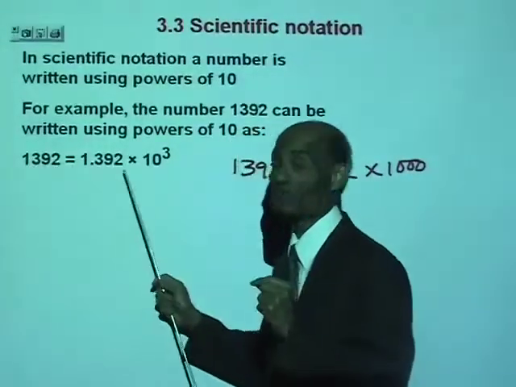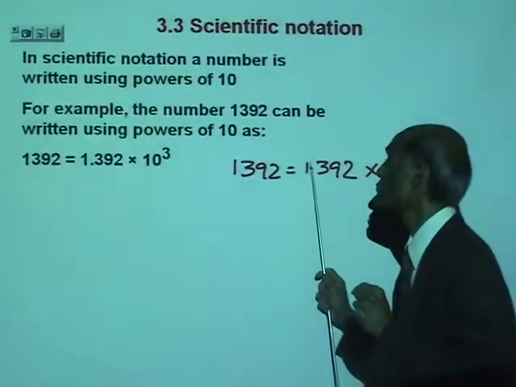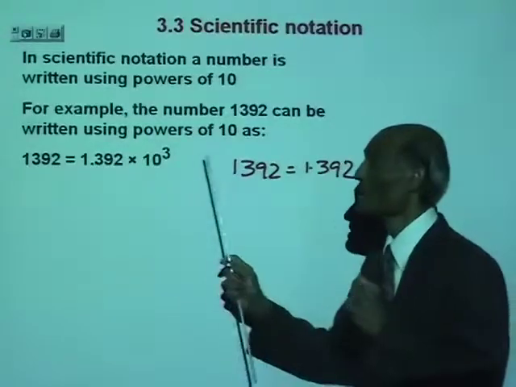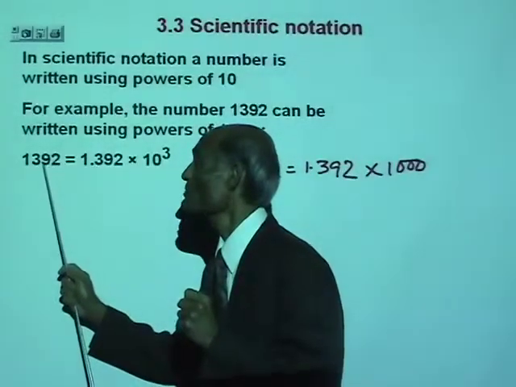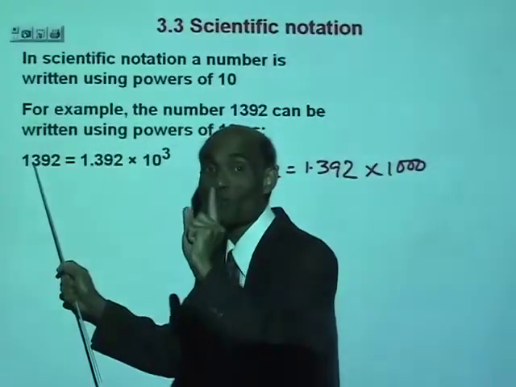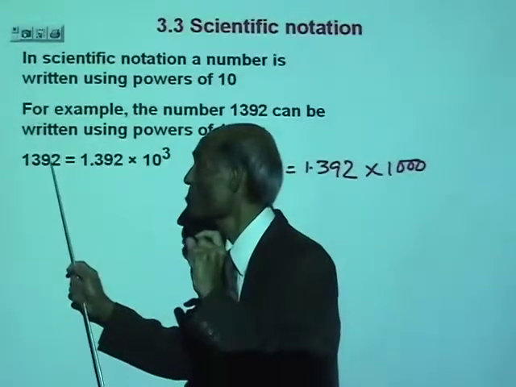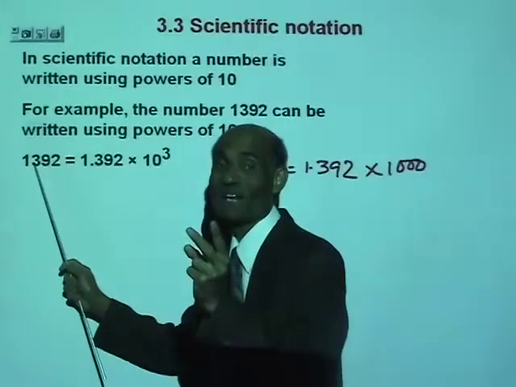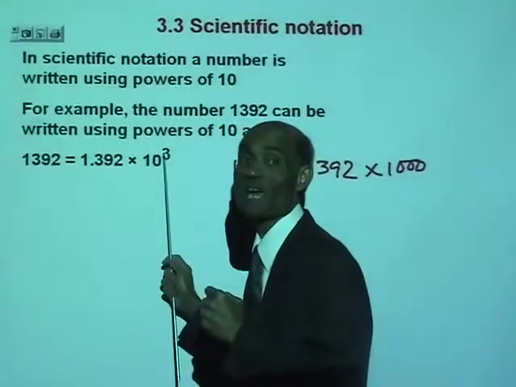Now, in scientific notation, a number is written with just 1 digit before the decimal. You understand that? So, move the decimal all the way to the left until you come to the right of the first digit. Now, how many places have you moved now? You have moved 3 places. Now, that 3 is therefore the power of 10.